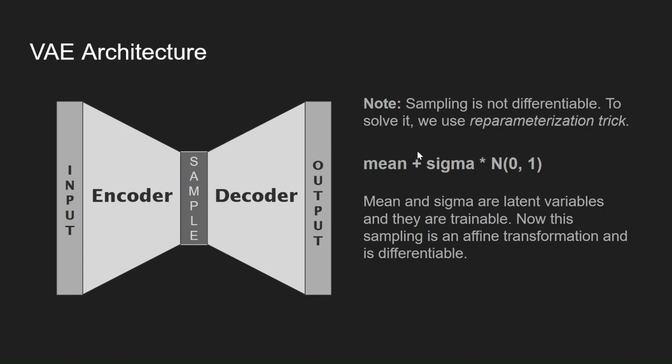This mean and sigma are the latent variables which we get from the encoder. With the help of this equation, our model is now differentiable and the backpropagation algorithm will work fine, because it's just an affine transformation, and affine transformations are differentiable. This is the reparameterization trick.